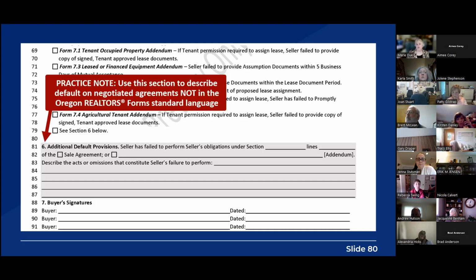And we're going to be very timely on getting the forms updated so that you have the opportunity to see that. That's why I'm saying every time you do a new transaction, get the latest forms, because we will be updating these as we go along, rather than waiting until the end of the year and going through a whole year of something not being correct. So that's just a little side note in there.